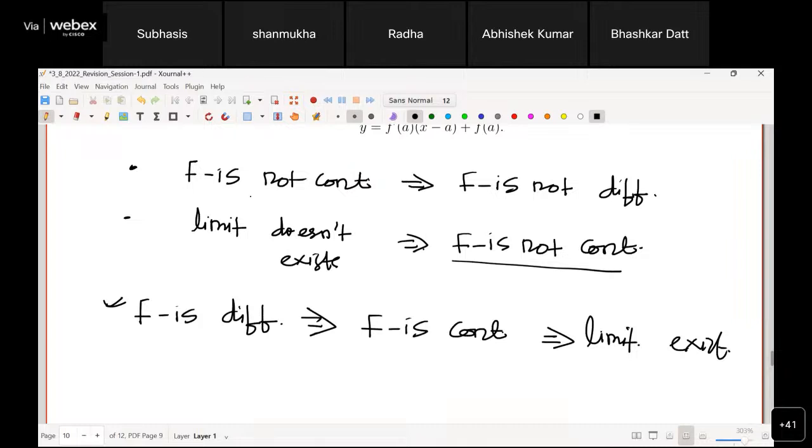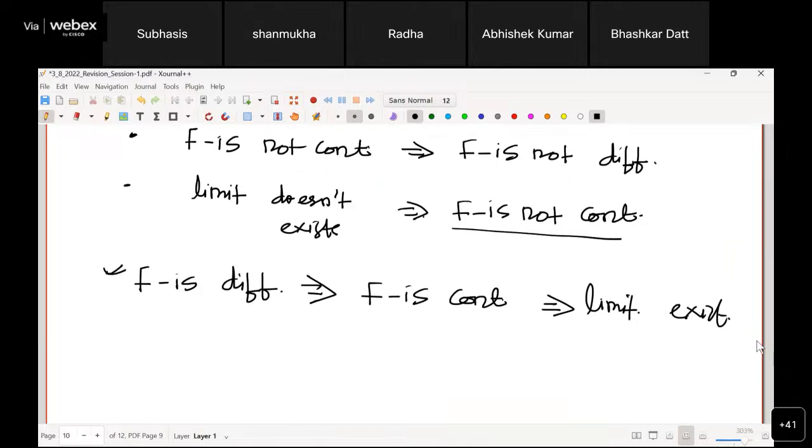It may or may not be differentiable, which you need to check separately. So again, if the limit doesn't exist, then certainly you can say that f is not differentiable. But if the limit exists, from there you can't say whether the function will be differentiable. You have to check.